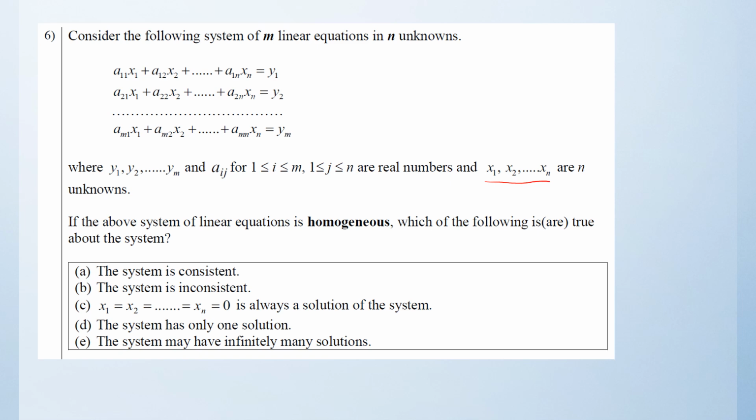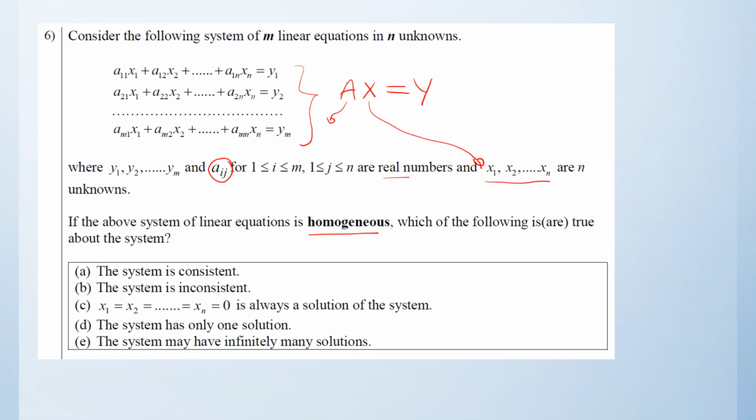So we know that all these coefficients are real numbers and they have given that the system is homogeneous. If we have this type of simultaneous equation system, we can convert it into the matrix form as Ax equals y, where A is the coefficient matrix, x is the variable vector and y is the right hand side coefficient vector.